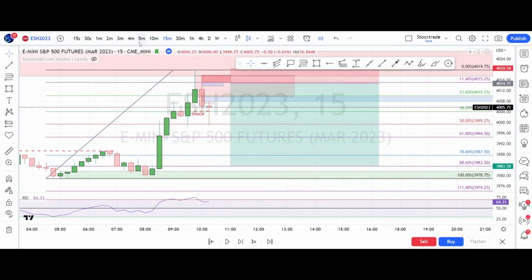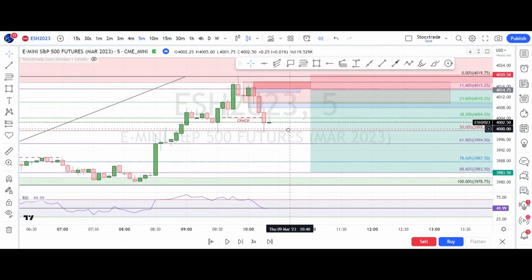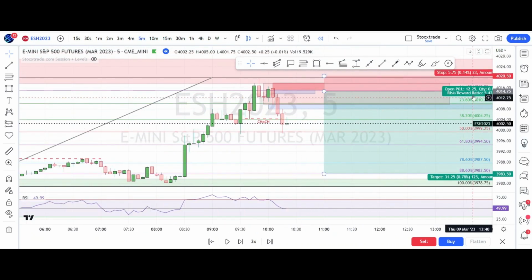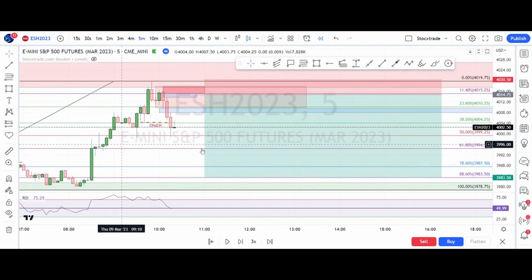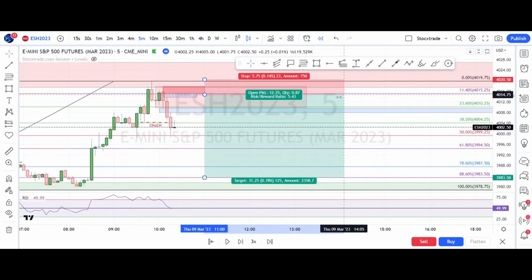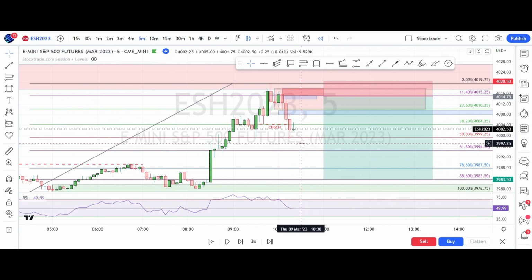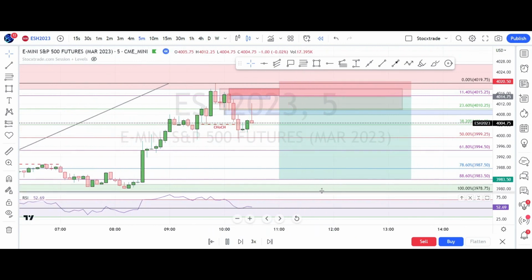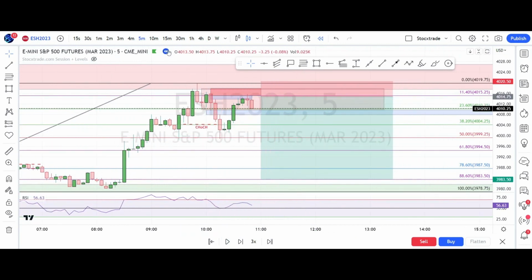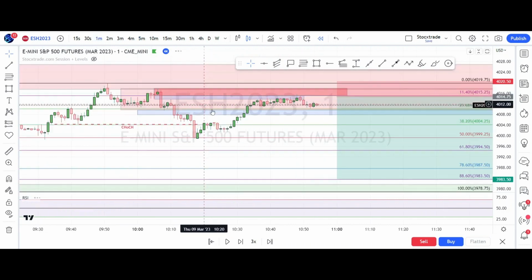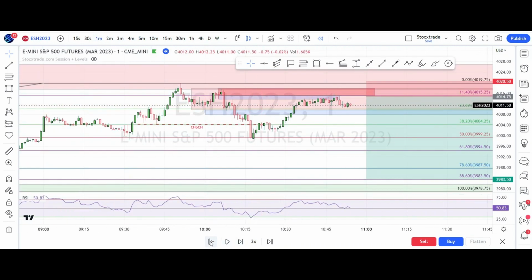So now I am looking for the selling candle or any sell reaction. If I will play again, the price went up. You can see in the 1 minute how you got the rejection.